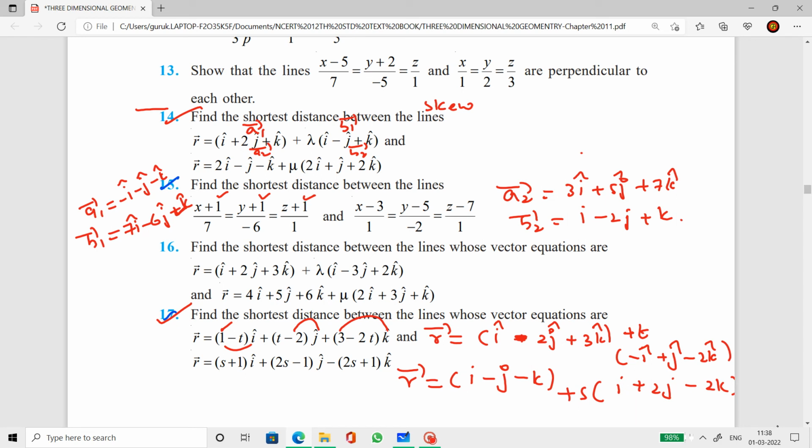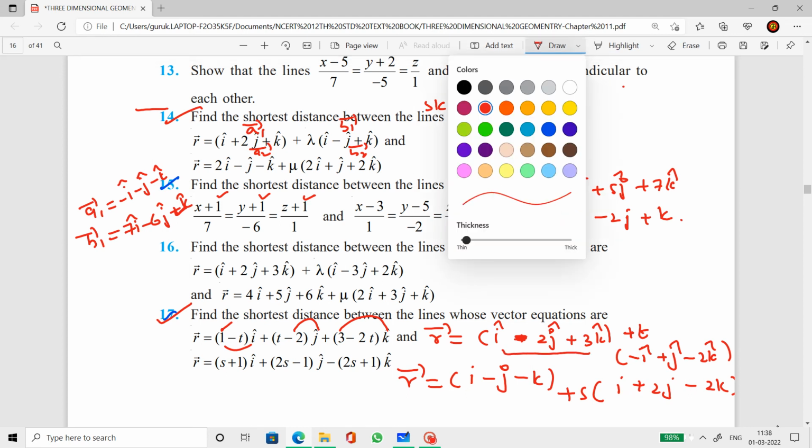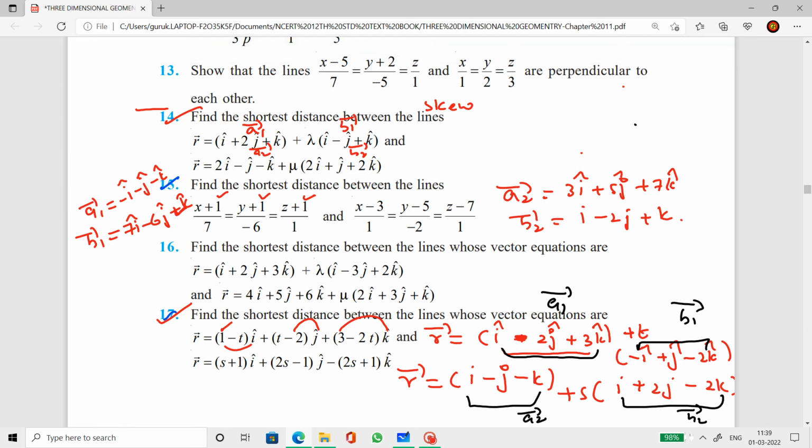Okay, now it is evident that the equation is in the proper vector form wherein the A1 vector is the passing through point of the first line and B1 vector is the direction vector of the first line, and A2 vector will be the passing through point of the second line, B2 vector will be the direction vector of the second line, and therefore you can apply it in the formula that I just showed to you. So this is shortest distance between lines.